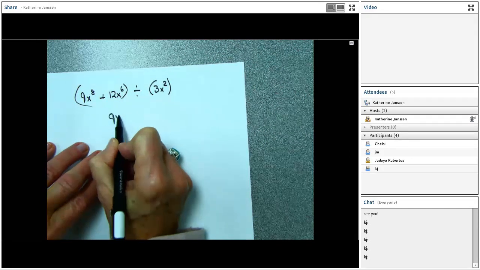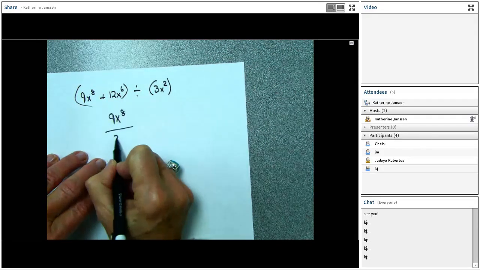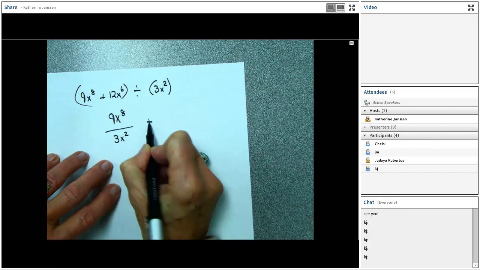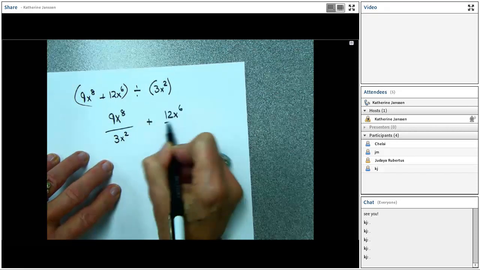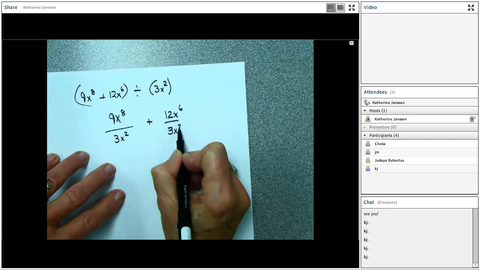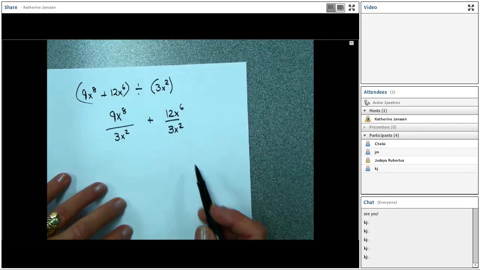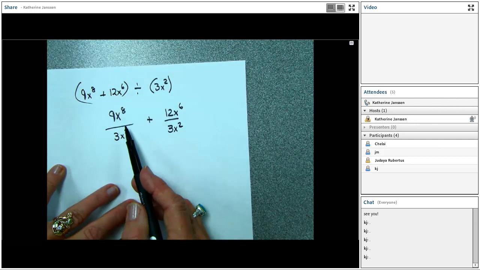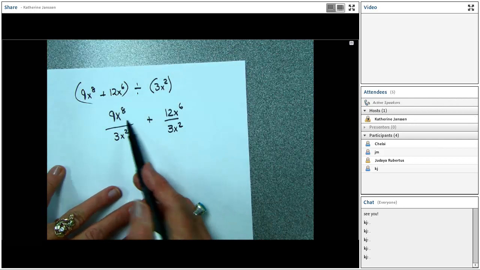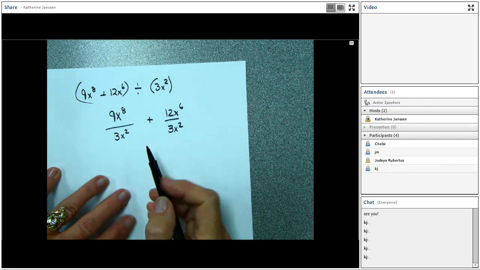It's 9x to the 8th divided by 3x squared plus 12x to the 6th divided by 3x squared. I'm dividing each term in the first polynomial by the divisor. And now I can break these apart to find other names for one, or to simplify.